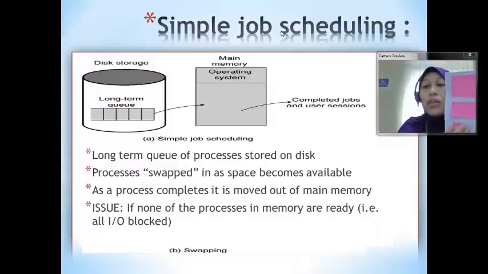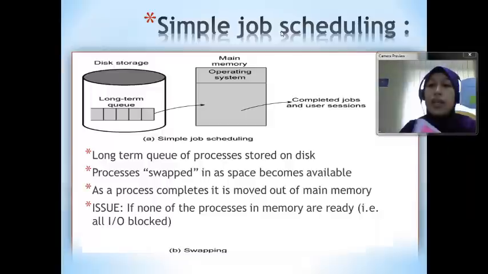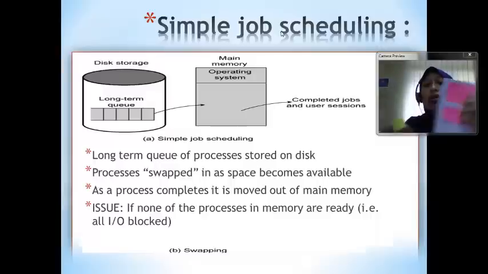Okay, so let's say there is available space here. So what happened here is that the processes in this storage, let's say there is a ready process here, so the process here will be swapped into the main memory.